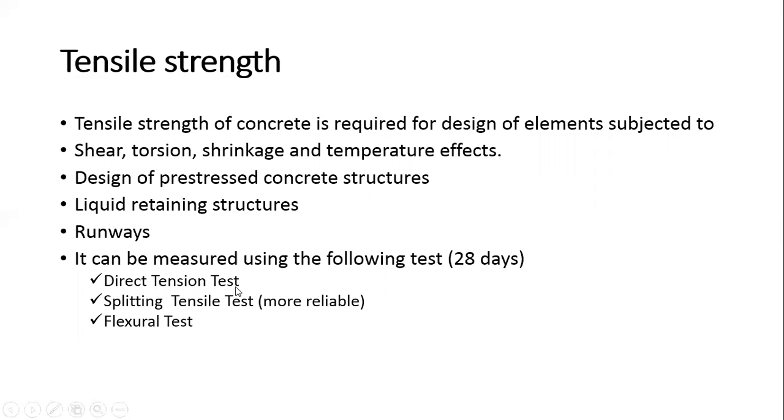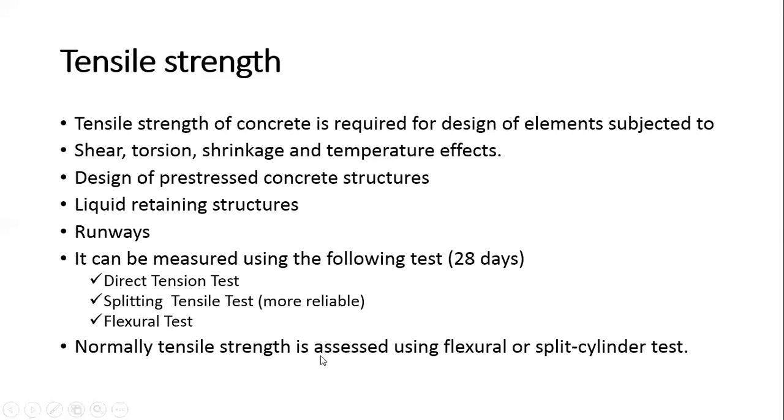It can be measured by the following tests. One is the direct tension test. Second is the splitting tensile test, which is more reliable. And third is the flexural test. I will discuss these two tests here. The code discards the direct tension test, which we performed in olden times on cement briquettes. So we are more concerned now with the splitting tensile test and the flexural test.